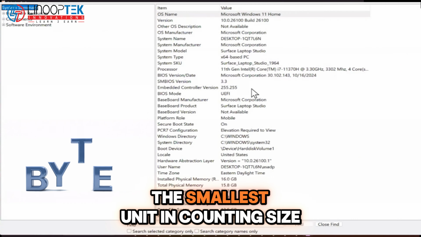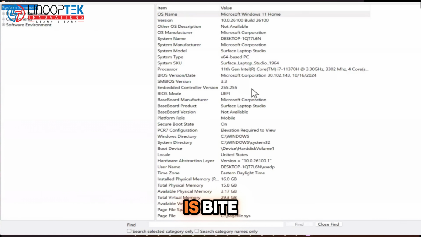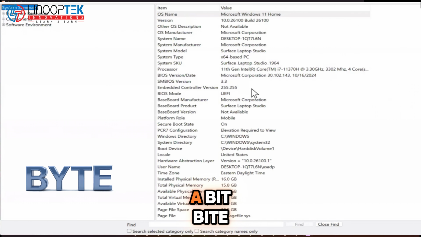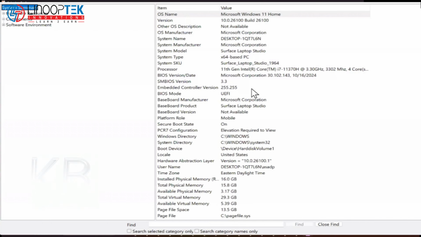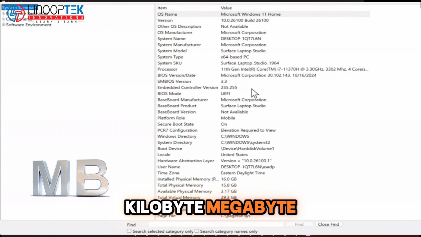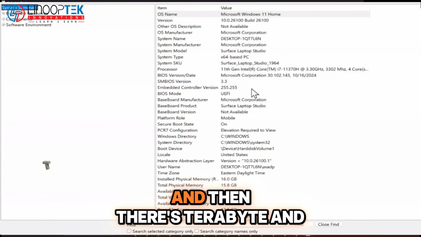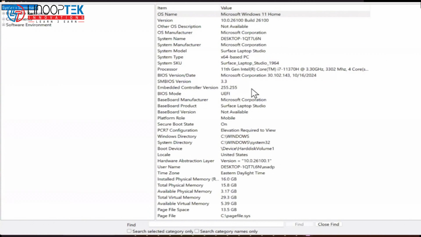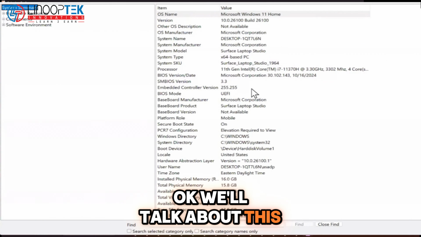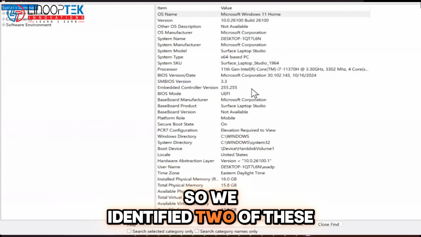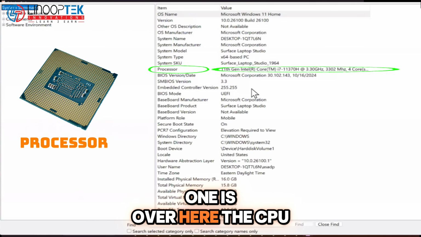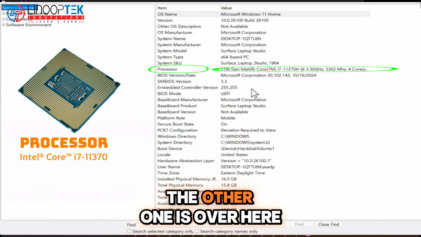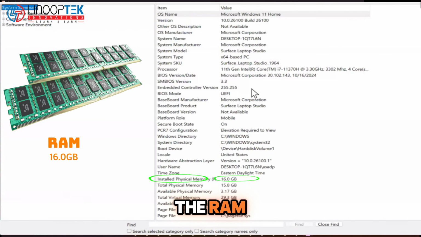The smallest unit in counting size is the bit, then byte, kilobyte, megabyte, gigabyte, and then there's terabyte, and so on and so forth. Okay, we'll talk about this. So we identified 2 of these core components. One is the CPU. The other one is the RAM.